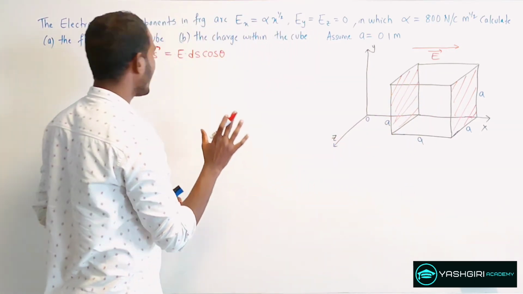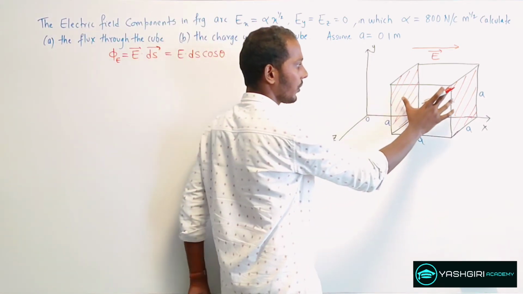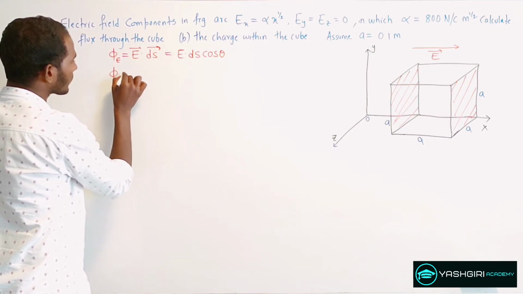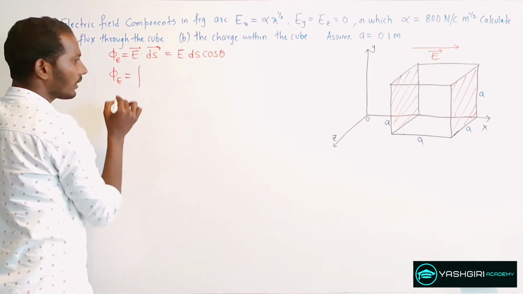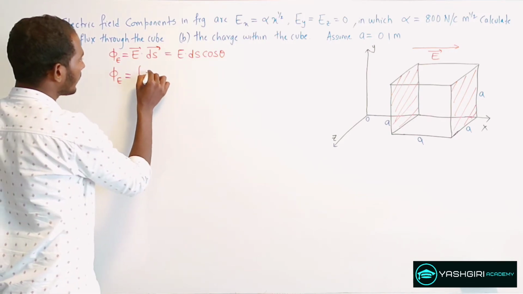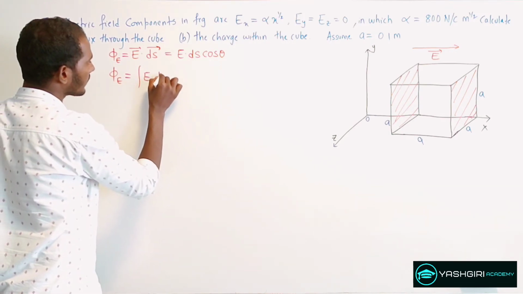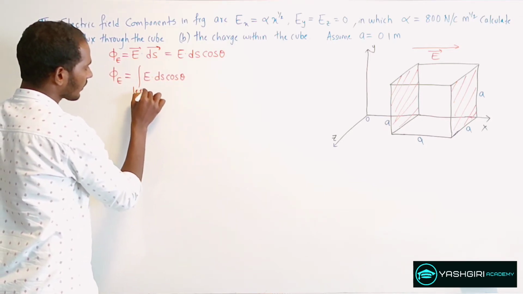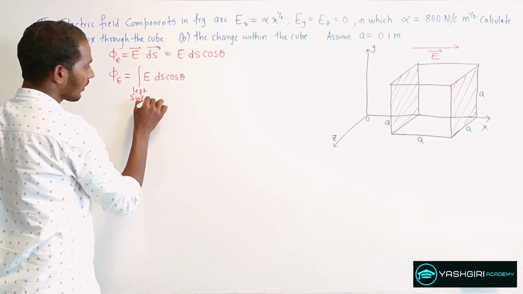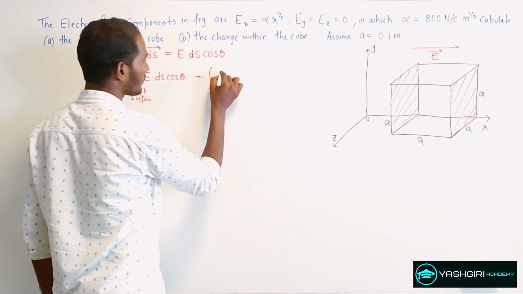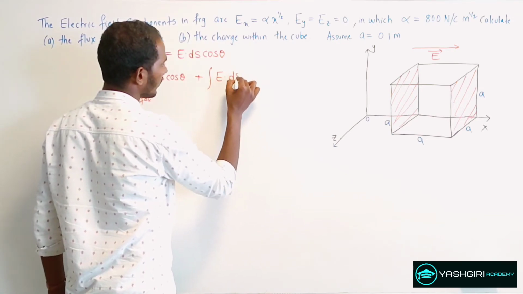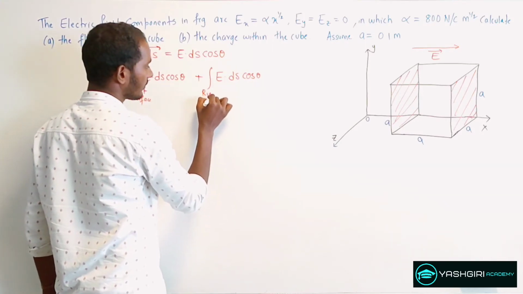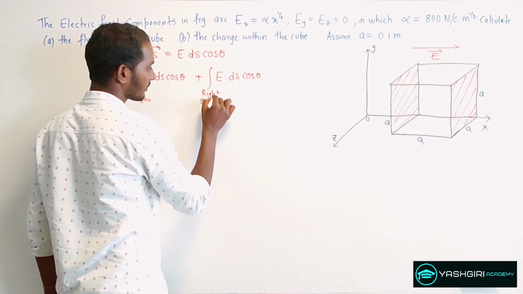Now here let's try to calculate the flux through both the surfaces. So in this case, the total electric flux will be equal to the integral of E dot ds into cos theta, so this is for the left surface, plus the integral of E dot ds into cos theta, so that is for the right surface, right?